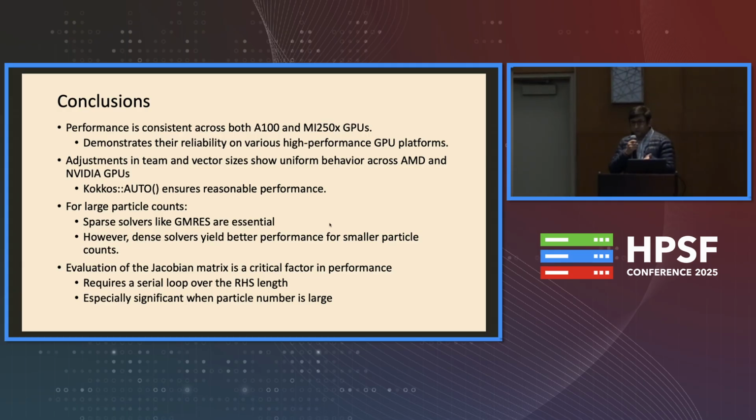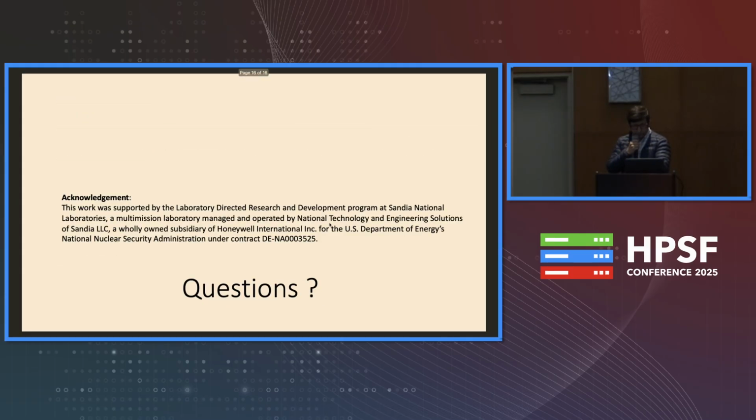We learned that we need sparse solvers in particular for very large problem sizes, which makes sense. But the dense solver was actually pretty good at small problem sizes. What was critical in the dense solver was the Jacobian evaluation, and mainly it's because we have a serial loop when we compute this Jacobian.